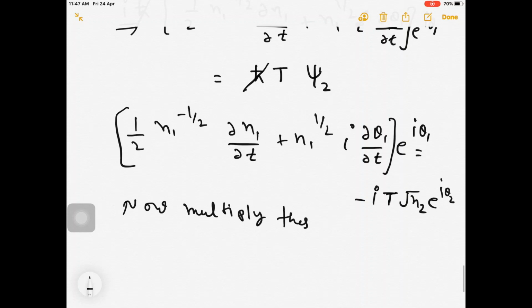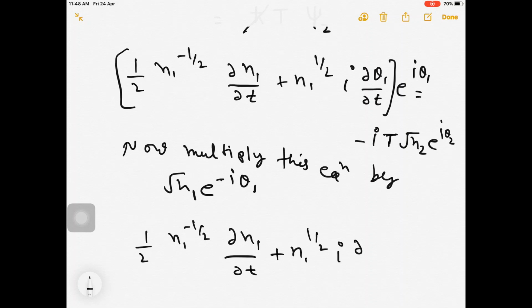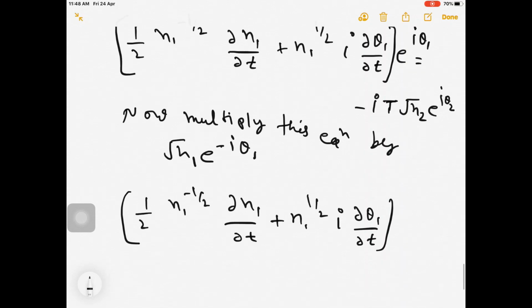Now multiply this equation by under root n1 exponential minus iota theta 1, and what we get is 1 by 2 n1 to the power minus half del n1 divided by del t plus n1 to the power half iota del theta 1 del t, times under root n1, because exponential minus iota theta 1 cancels out exponential plus iota theta 1.